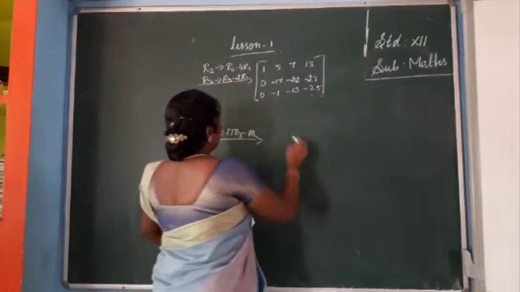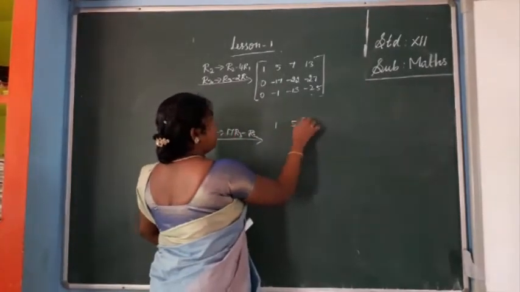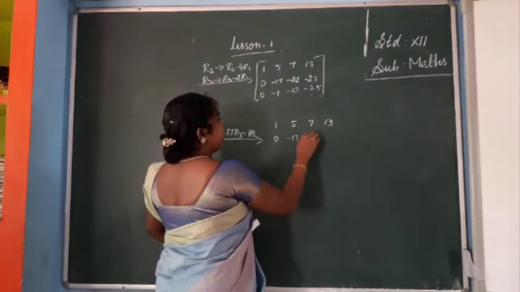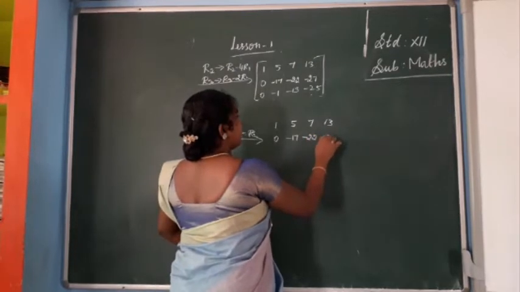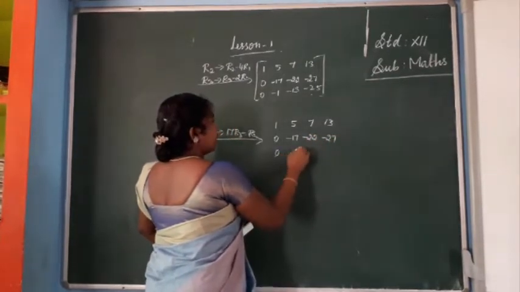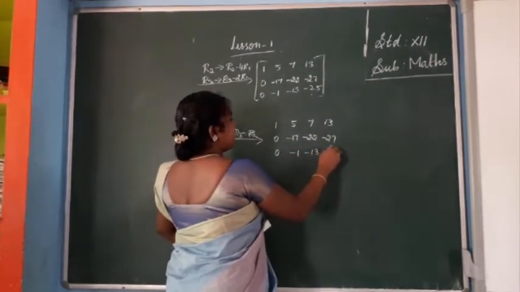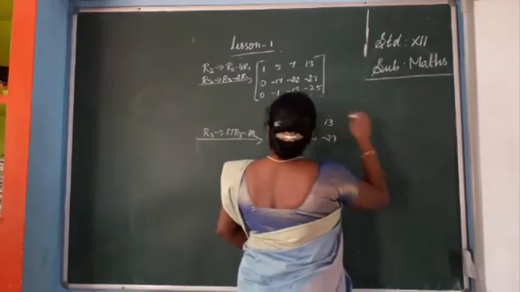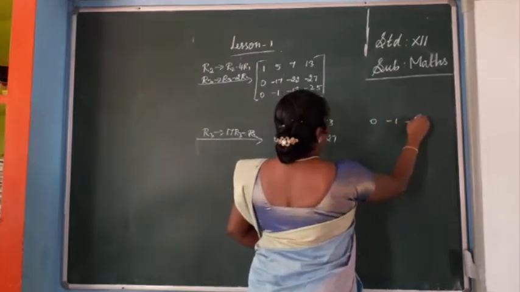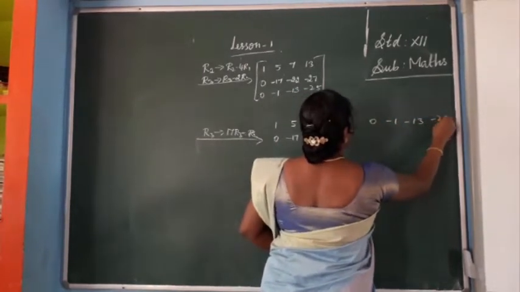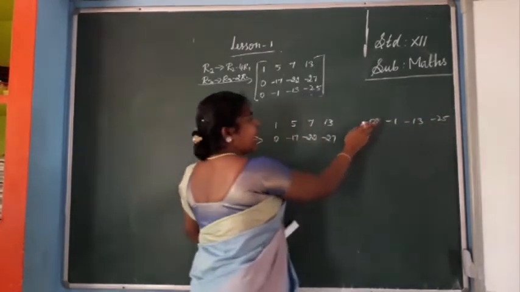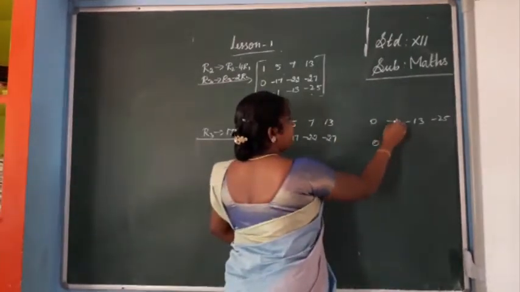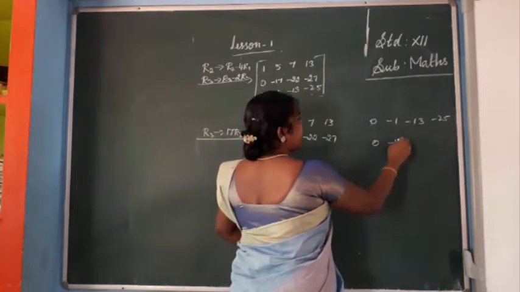So the first two rows have no change: 1 5 7 13, 0 minus 17 minus 22 minus 27. Sorry, R3 is not right. R3 is 0, minus 1, minus 13, minus 25. You have to multiply R3 by 17. Then what will you get? 0, minus 1 into 17, minus 17.